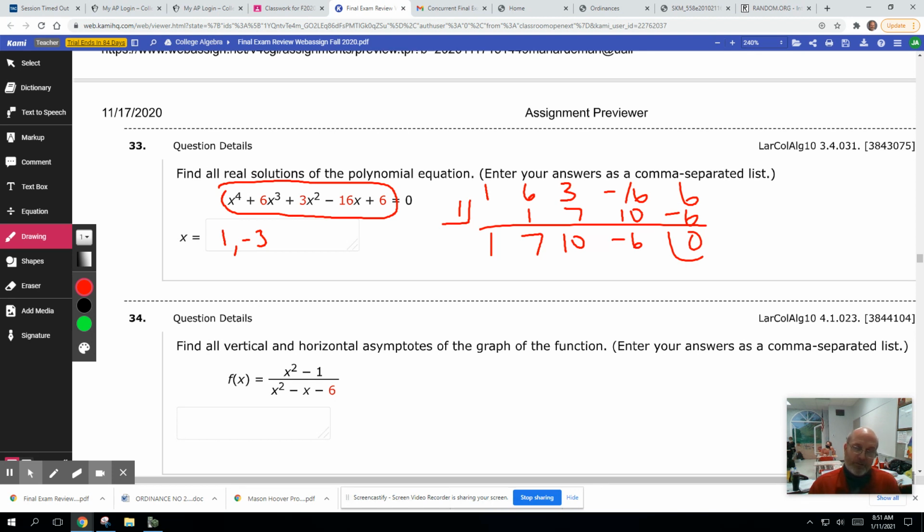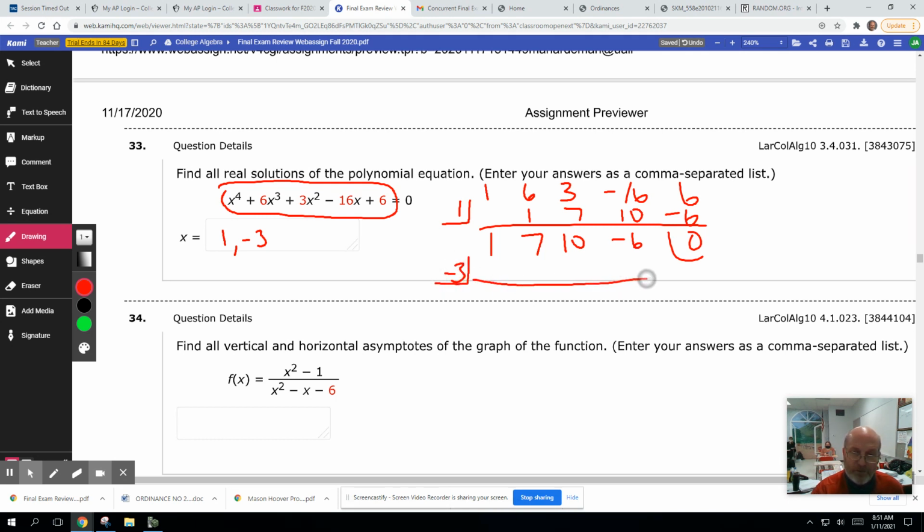Because I was dividing by a factor, I know I'm going to get 0 for my remainder. But that tells me that x minus 1 times x cubed plus 7x squared plus 10x minus 6 is equal to this polynomial also.